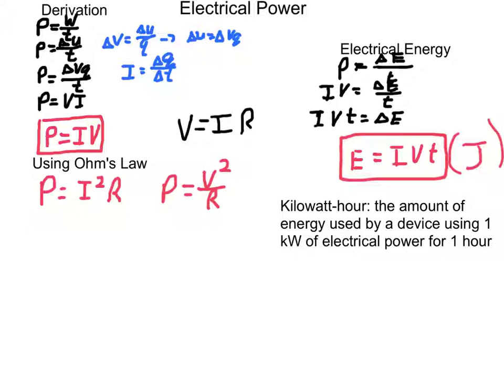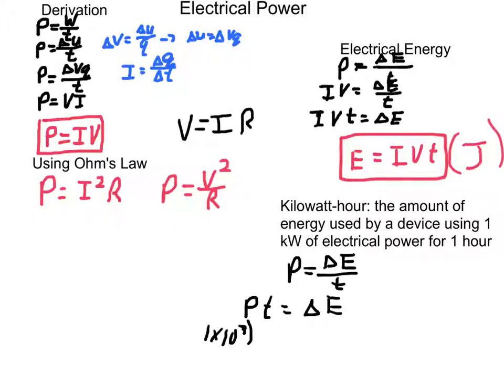Well, that's actually very, very simple, looking just at the power equation. So power is delta E, or energy or work, divided by time, right? And we're using 1 kilowatt. Let me multiply the time on over to get it in terms of delta E, power times time. We're using 1 kilowatt, which we know what that is. That's 1 times kilo to the third, so 1 times 10 to the third gets us back into watts, base unit. And time for 1 hour.